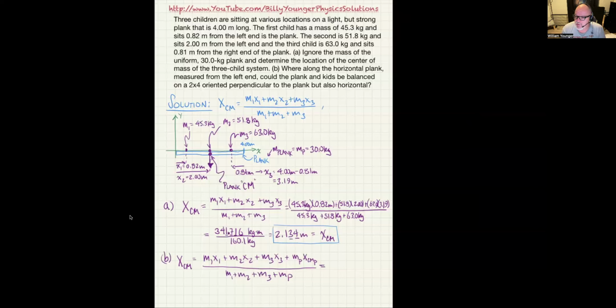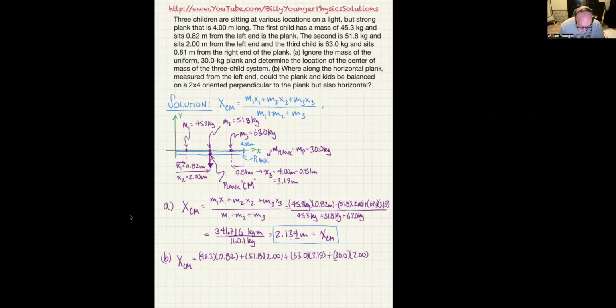So the center of mass should actually be at its geometric center. If the plank is 4 meters long, then it should be 2 meters, and that's what we're going to use. As you can see in the drawing here, the position of the plank's mass is shown right at the 2.00 mark, which also happens to be where the 51.8 kilogram child is.